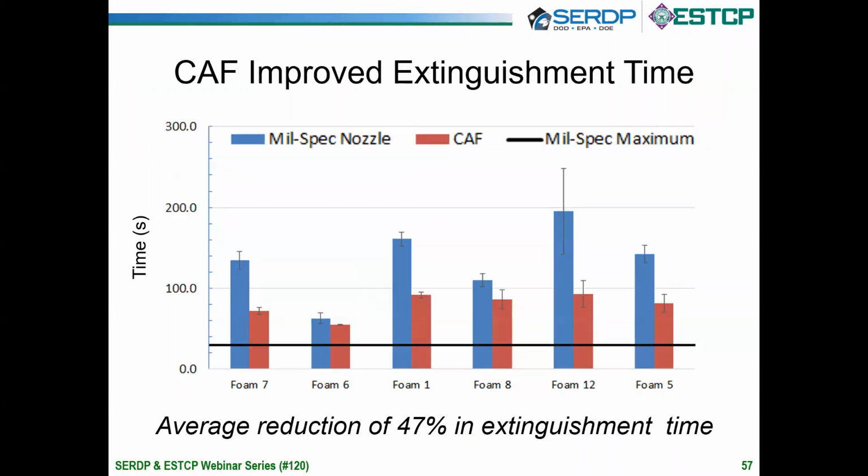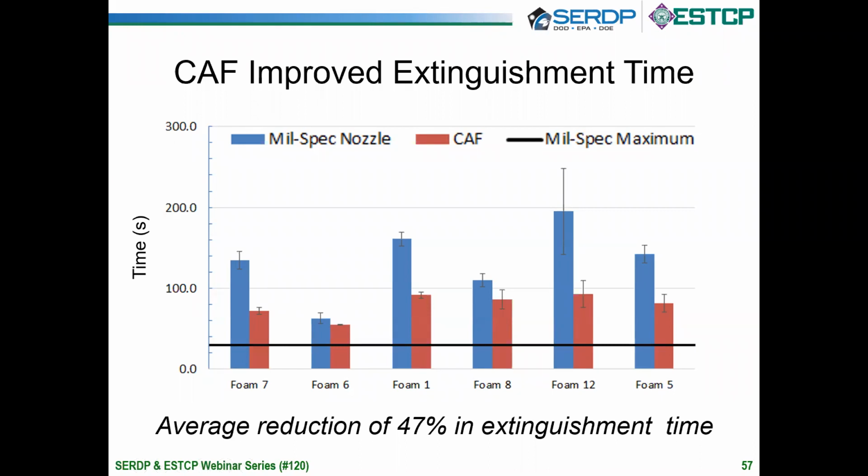We're showing the blue bars as the time to put a fire out, and the black line shows 30 seconds as the mil-spec. You can see products going up to 200 seconds, the blue bars. And when we use compressed air foam, in all cases there's some reduction in the time to put the fire out.